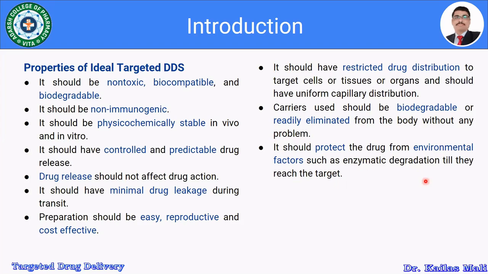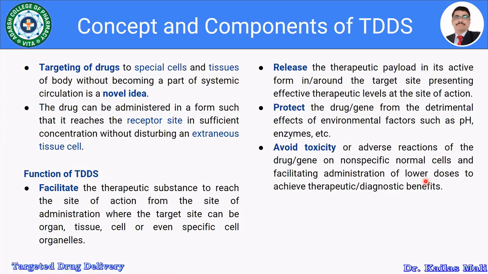Let us move towards the concepts of the targeted drug delivery system and its components. Targeting of drugs to specific cells and tissues of the body without becoming a part of systemic circulation is a novel idea. If we want to target the liver, the spleen, the pancreatic cells, or the brain, the concept is something new.